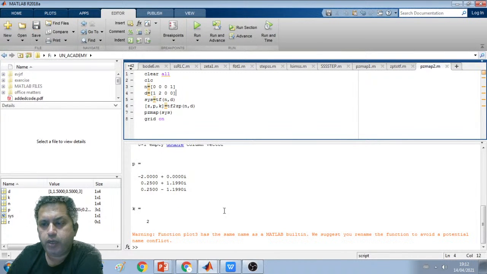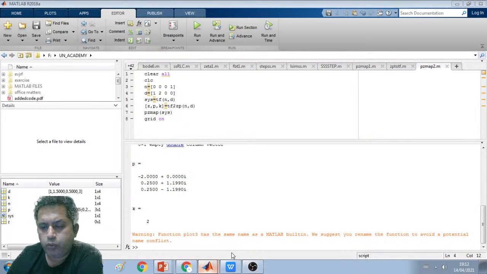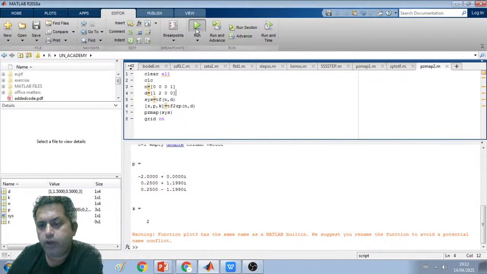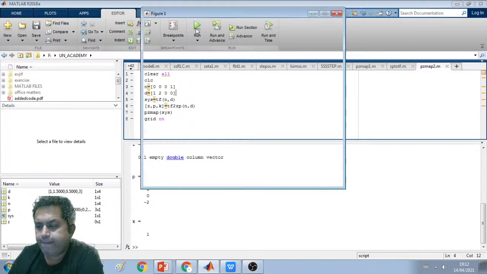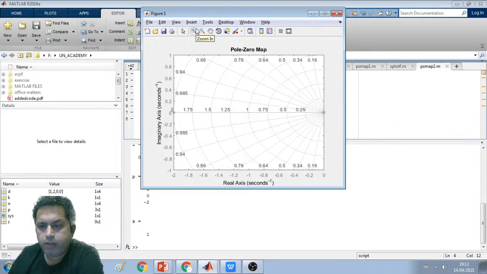Save this one. For the moment I will delete this figure file, and I will run the program. So see here, how many poles?